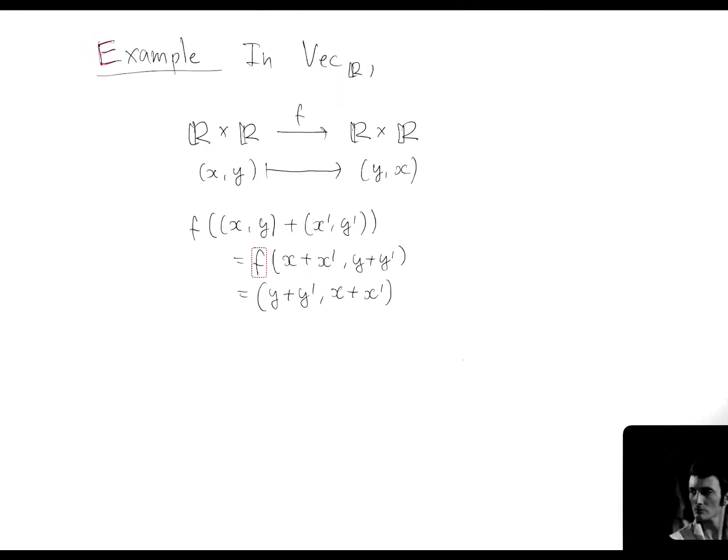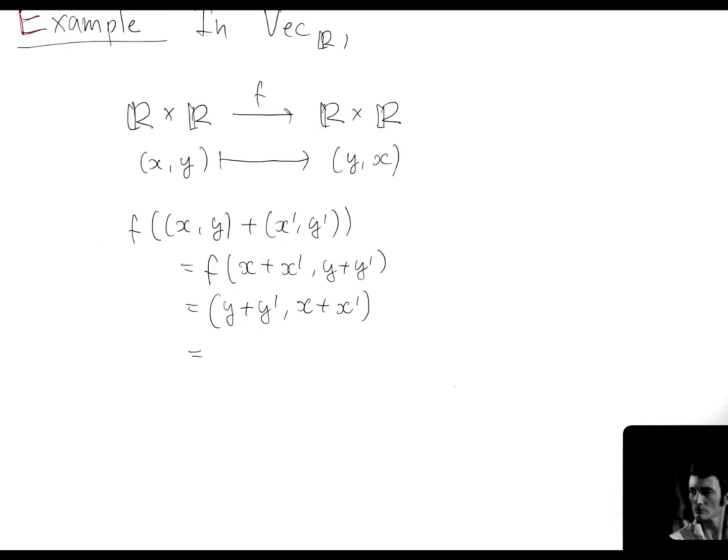Okay? And then we can separate the two pairs now, yx pair and y prime x prime pair. And on the other hand, yx pair is our f of xy, right? And y prime x prime pair is our f of x prime y prime.